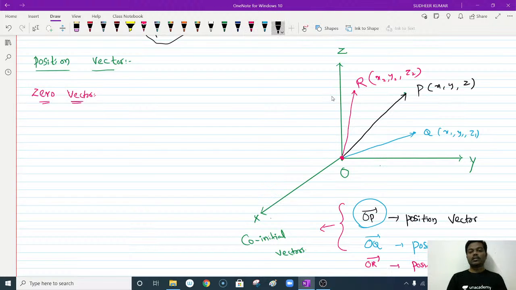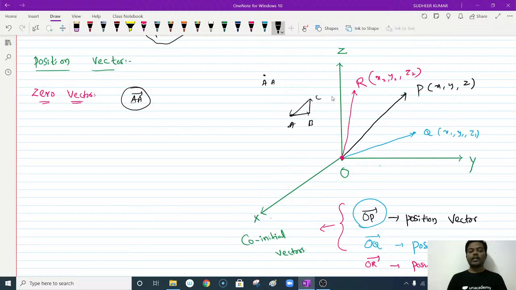Let us take this is A and this is also A. Or if it moves from A to B and B to C and again stops at A, the distance between A and A is 0 only, so it is called the zero vector.